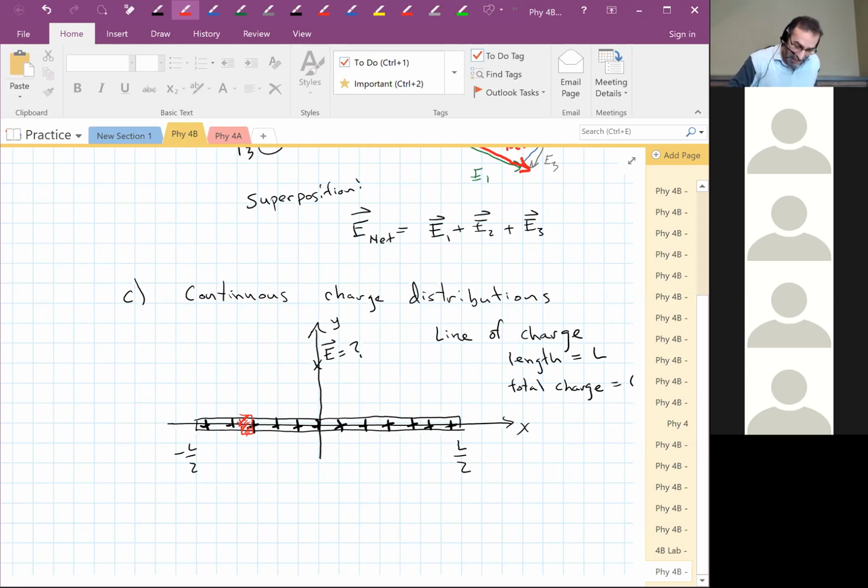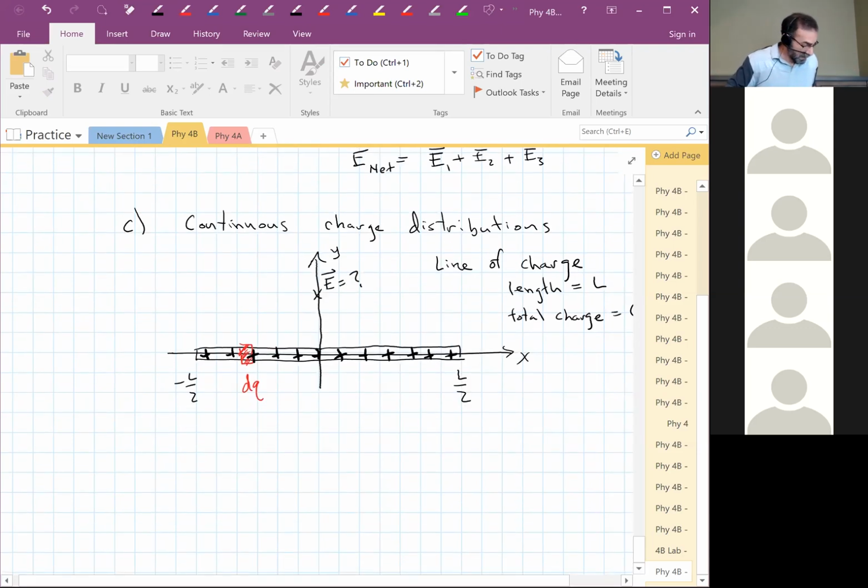So there's a little tiny amount of charge here. We call that dq, a little tiny amount of charge out of the whole charge distribution.